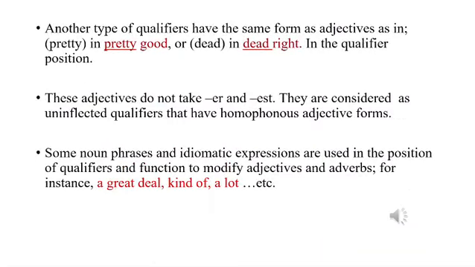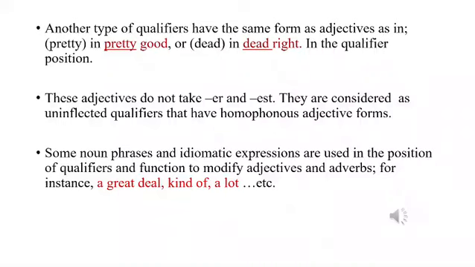Another type of qualifiers have the same form as adjectives. For example, the word pretty in pretty good, or dead in dead right. The words pretty and dead are considered qualifiers by position. These adjectives do not take er or est.